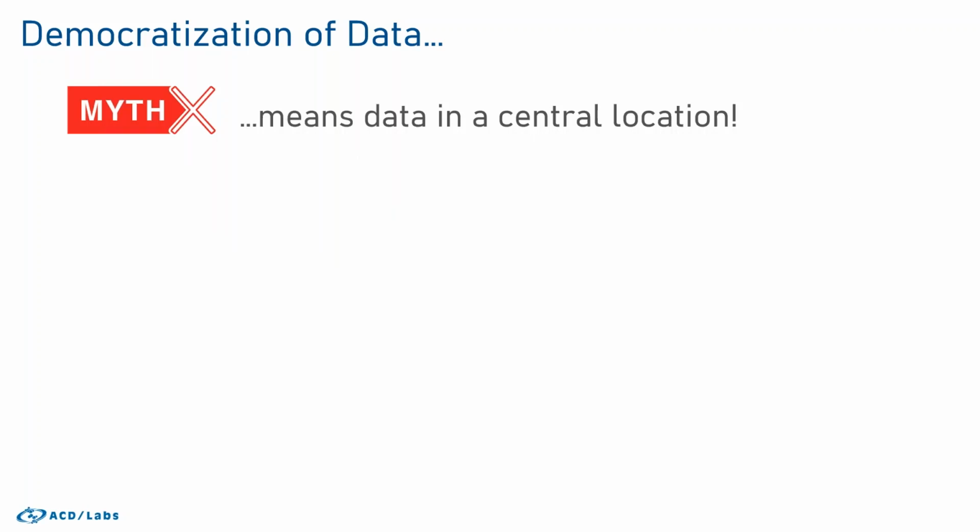Another aspect to keep in mind is that we talk a lot about democratization of data, and many organizations and people feel that having the data in a central location means that it is available to all, which doesn't necessarily follow.